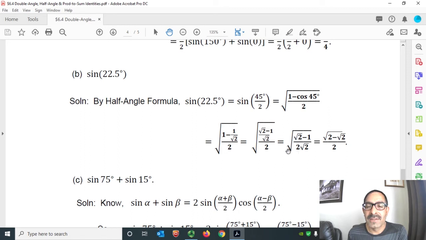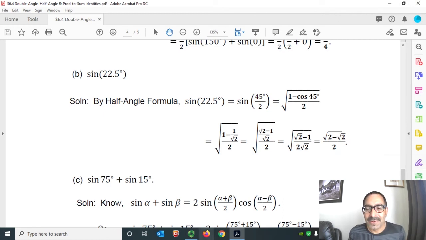So we have the giant radical. Under the giant radical, we have radical 2 minus 1 over 2 times radical 2. Again, we can multiply by radical 2 on numerator and denominator. Then the final answer is under the giant radical, 2 minus radical 2 over 2. I hope this makes sense to you all.